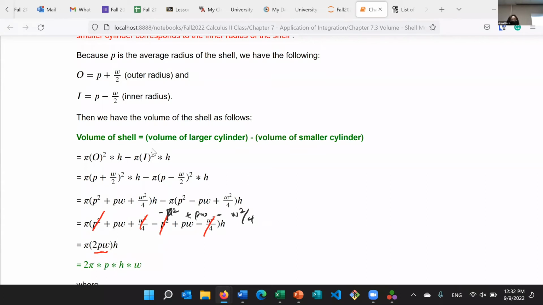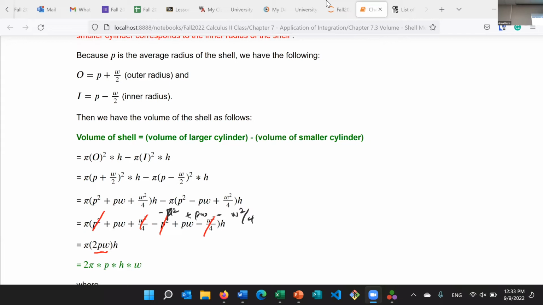Okay, now we're done. So we got the formula now. Now we have the formula that we're looking for, the formula for finding the volume of a shell. The volume of a shell, what is that equal to? 2 times pi, that is 2 pi times what?